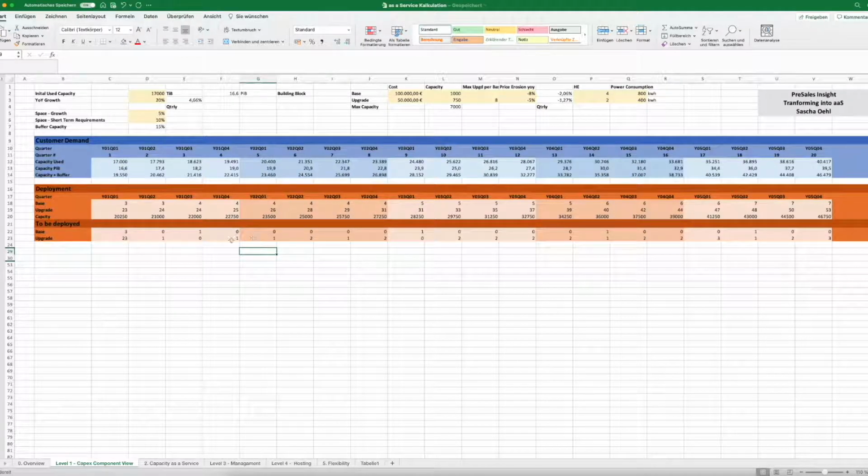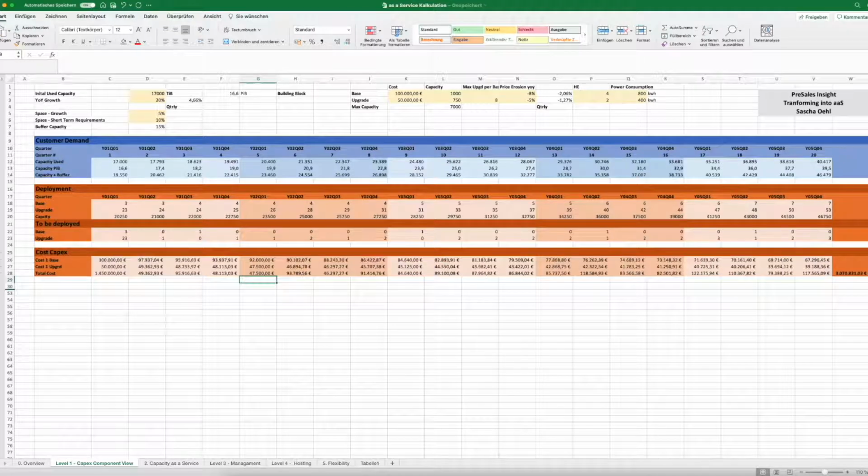The next step, which is logically on top, is calculating the cost of each quarter. What we do for it is basically we take, again, a similar approach as we did with the capacity used.